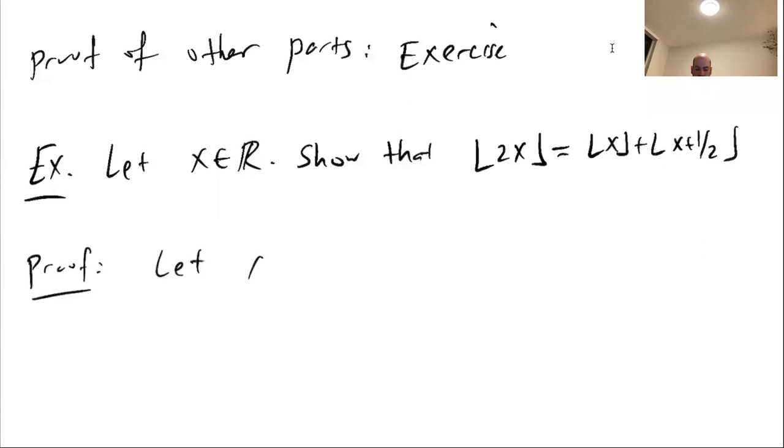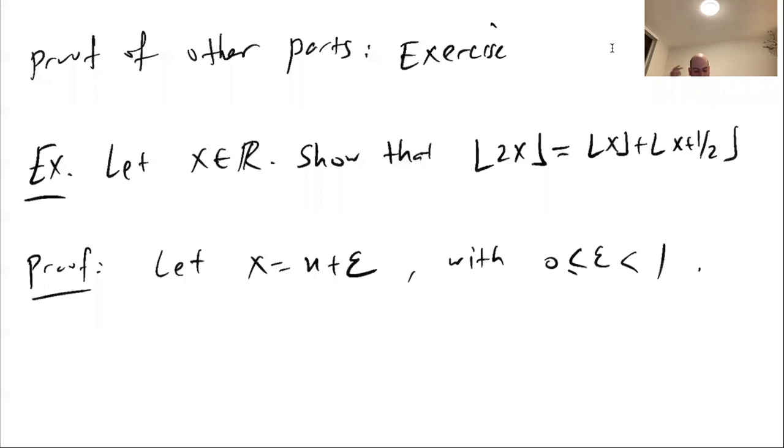So I can say let x be n plus, let's say epsilon. Remember we asked whether x is between n and n plus 1/2, or between n plus 1/2 and n plus 1? So I can write x equals n plus epsilon, with epsilon bigger than or equal to 0 and less than 1.